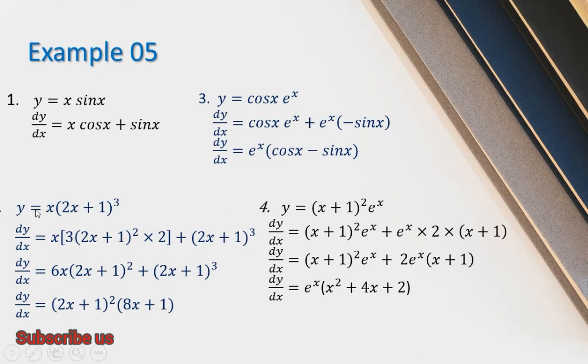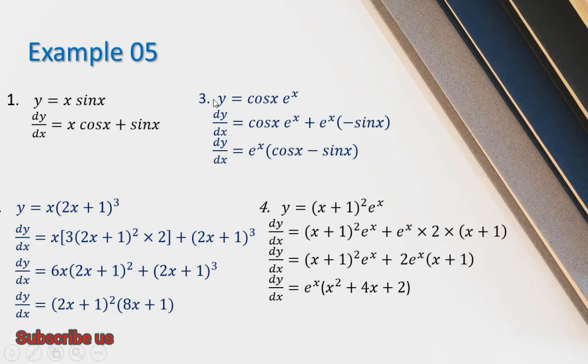Second question, if y equal x times (2x plus 1) cube, then dy by dx equal x times the differentiated function of (2x plus 1) cube plus (2x plus 1) cube times the differentiated function of x. By simplifying, we can get the final answer.